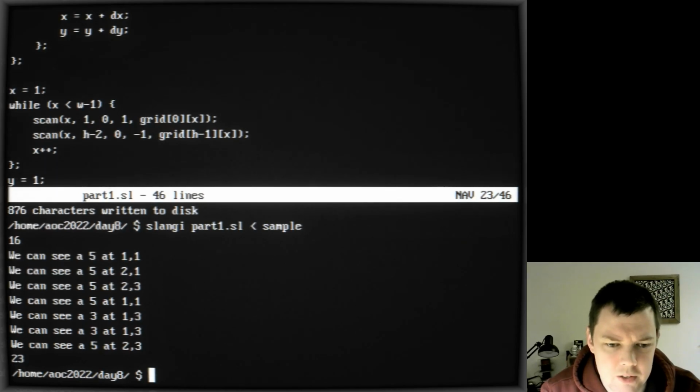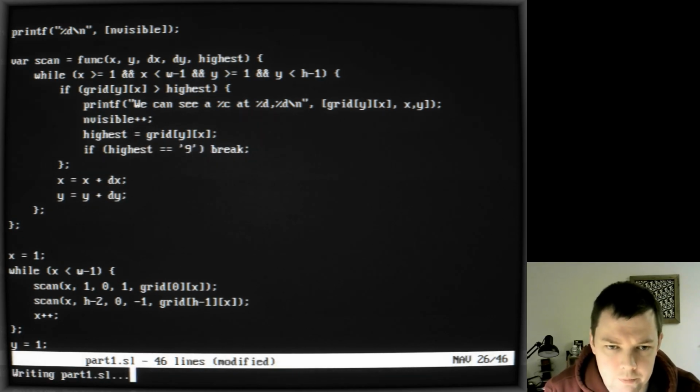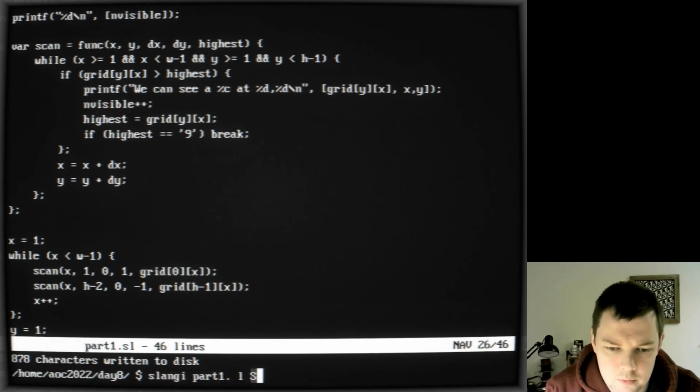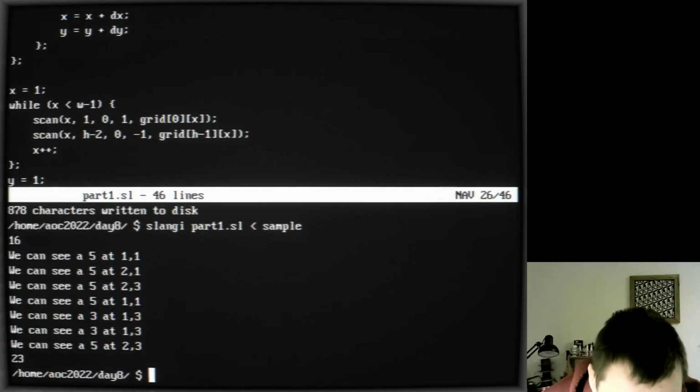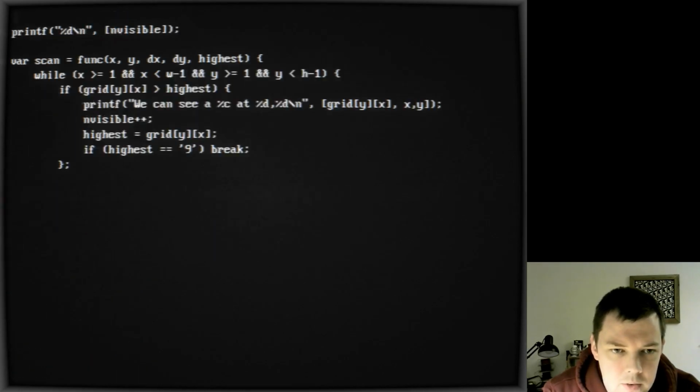Okay, well that's not the reason, but it should be a character height. One, two, three, four, five. Ow! We're double counting trees.